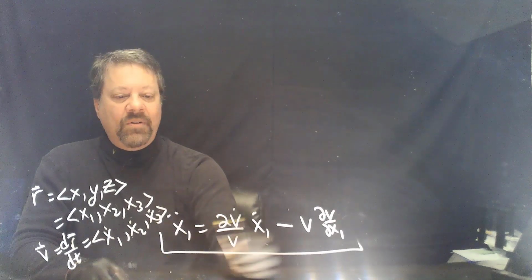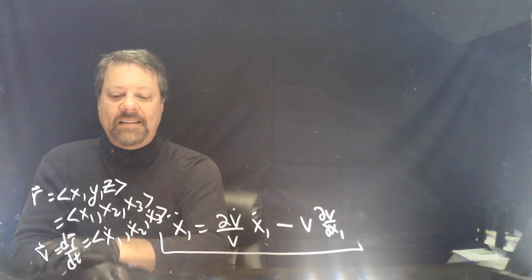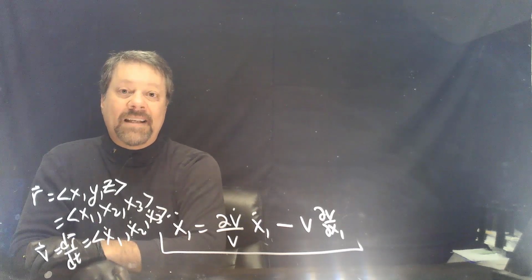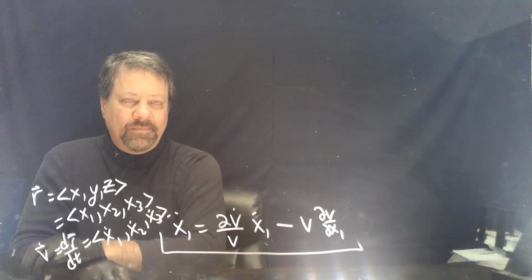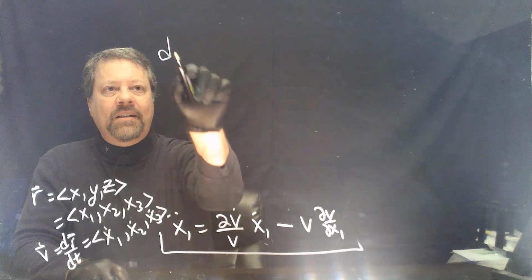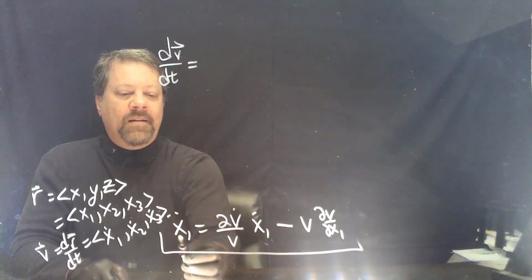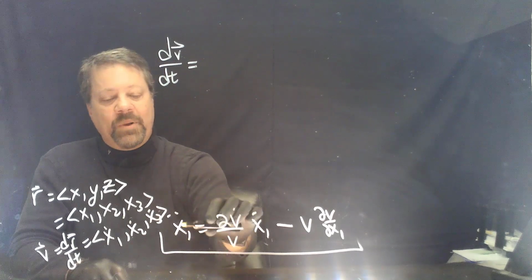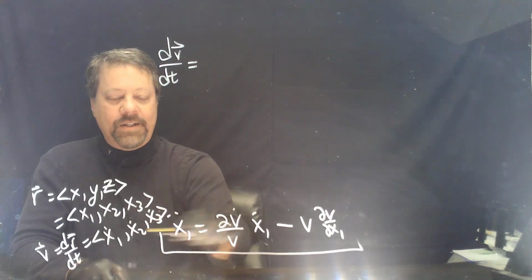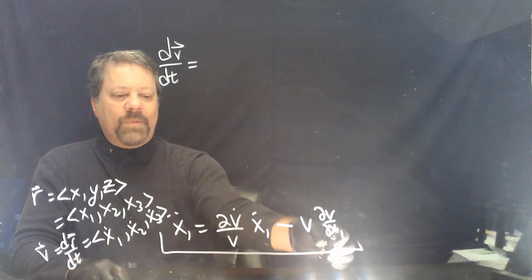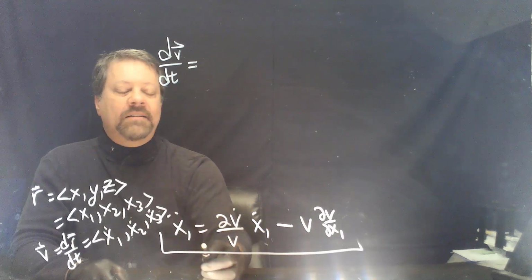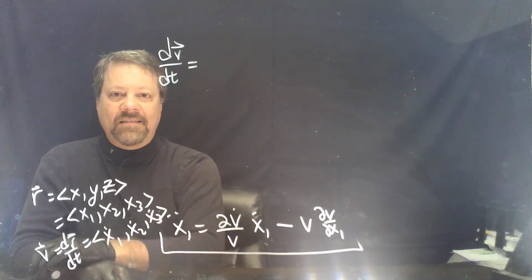And so when I have x1 dot dot, that's the first coordinate of the acceleration vector. The acceleration vector is dv dt. So the acceleration vector, if I put this in the first coordinate of the acceleration, we'll have corresponding equations for x2 dot dot and x3 dot dot.